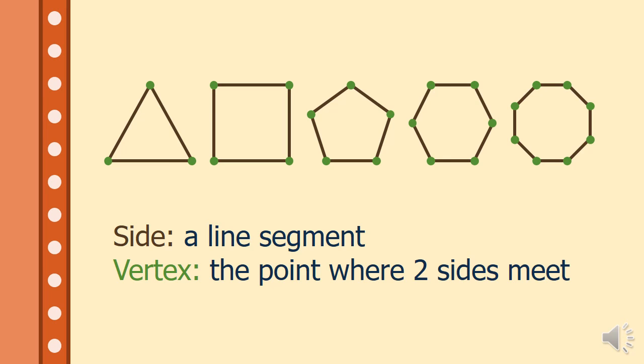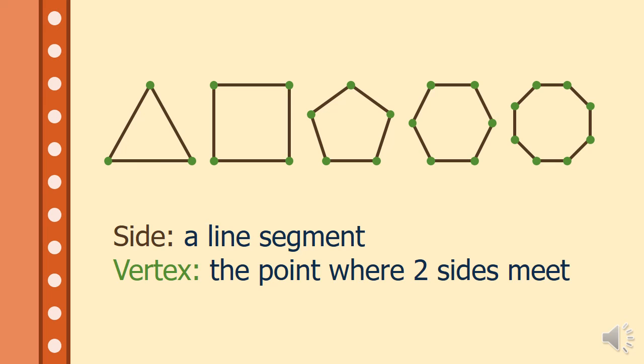The other thing that you need to know is that different kinds of shapes have different numbers of vertices. So look at the triangle again. Remember the vertex is where two line segments meet. And when you look at the triangle, you can see there are 3 dots there. Those 3 green dots show you where the line segments meet.